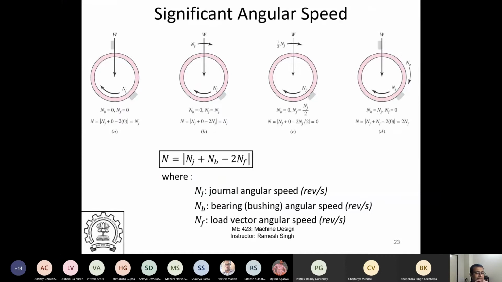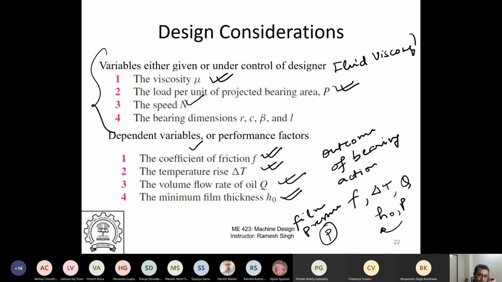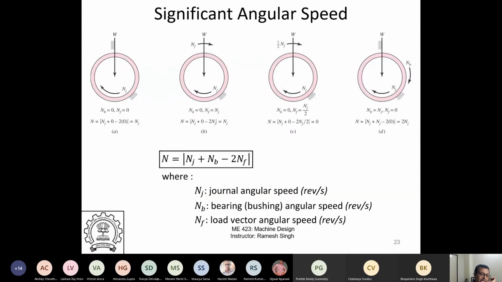So basically, how the angular speeds shape up: the journal can have angular rotation. Journal meaning the shaft. The bearing can also rotate. And then the loading vector: imagine the load is concentrated and the load also rotates, or you have a physical load that rotates.